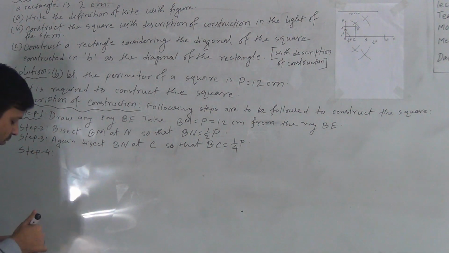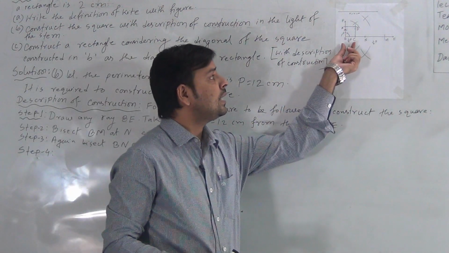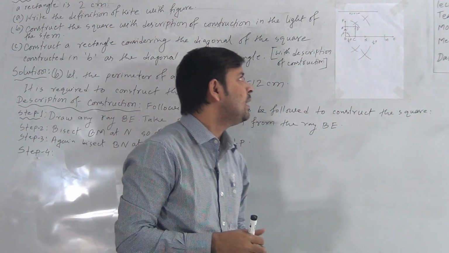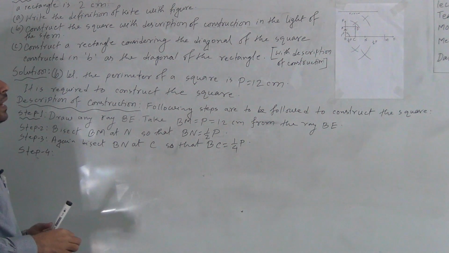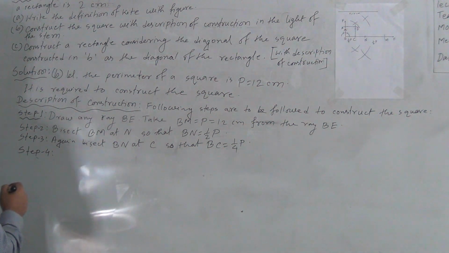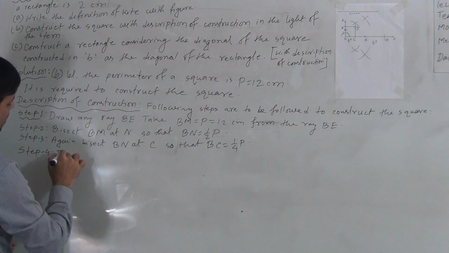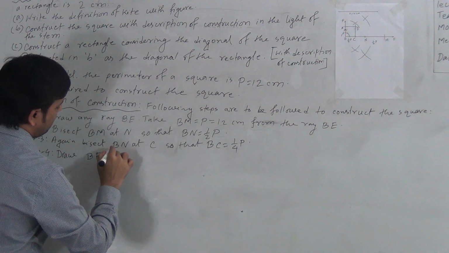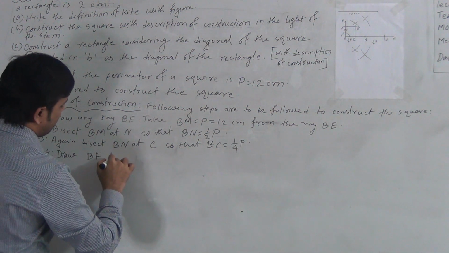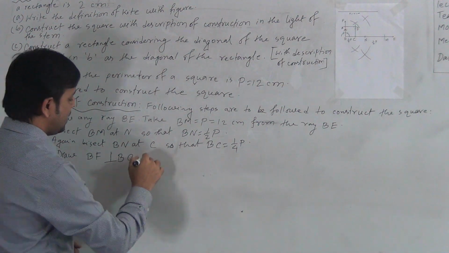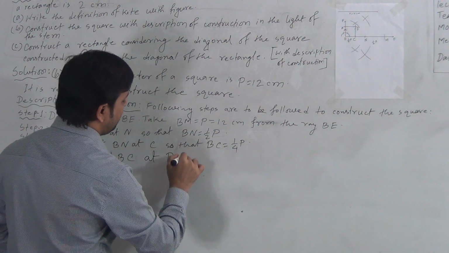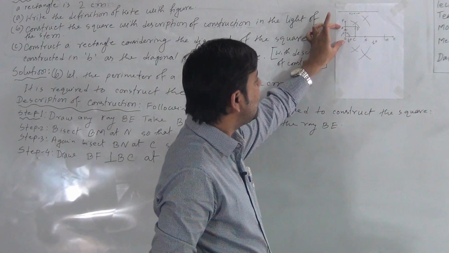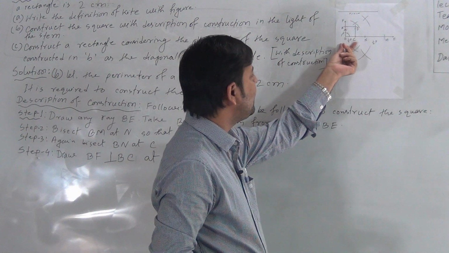Step 4. Now I know the each side of the square. So we can say now we need to draw the perpendicular BF to BC. So we can write here draw BF perpendicular to BC at B. Then I have to take BA equal to BC equal to 1/4 of P from BF.